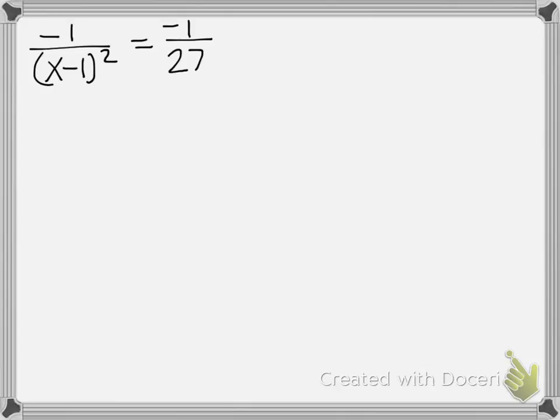And if you notice, we can just cross multiply. But since both of those are negative, you could just in your head think multiply by a negative 27 to 1 and a negative x minus 1 squared to that one, and your negatives will cancel out, which will just leave you with x minus 1 squared is equal to 27.